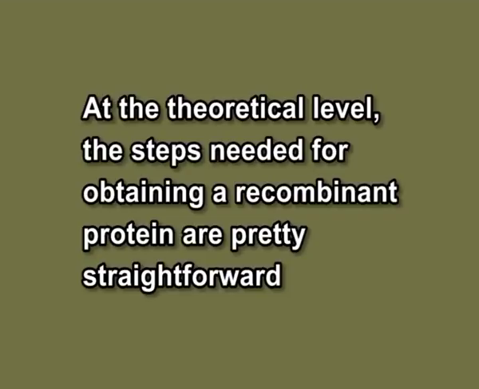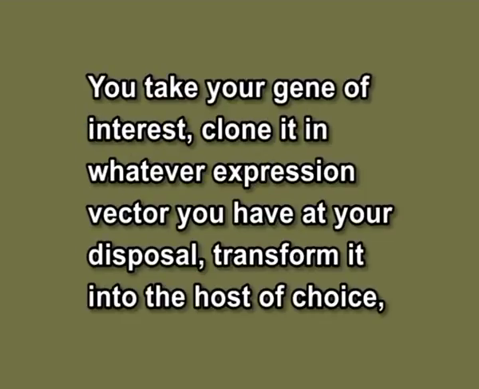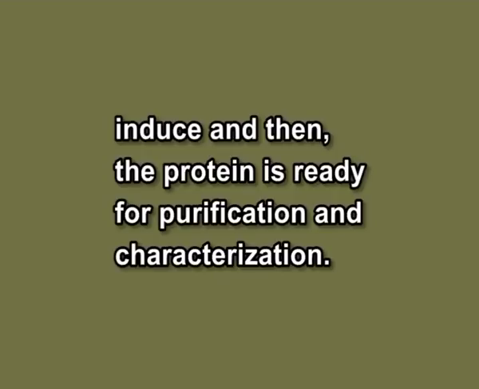At the theoretical level, the steps needed for obtaining a recombinant protein are pretty straightforward. You take your gene of interest, clone it in whatever expression vector you have at your disposal, transform it into the host of your choice, induce, and then the protein is ready for purification and characterization.